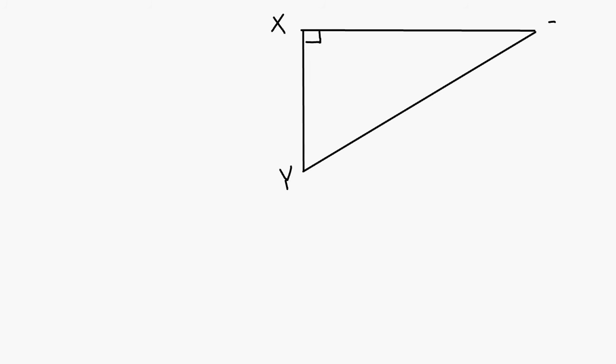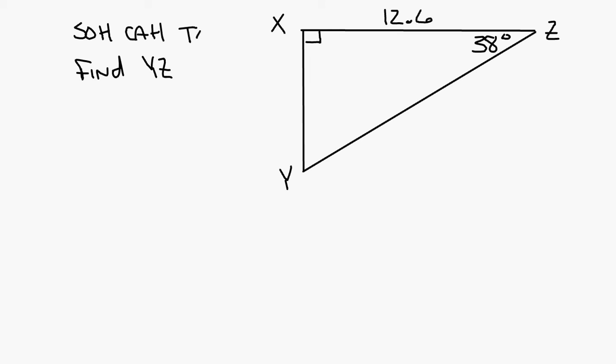Triangle XYZ, where X is the 90, Z is 38 degrees, and X to Z is 12.6. You're asked to find Y to Z. So, all right, you're given an angle.